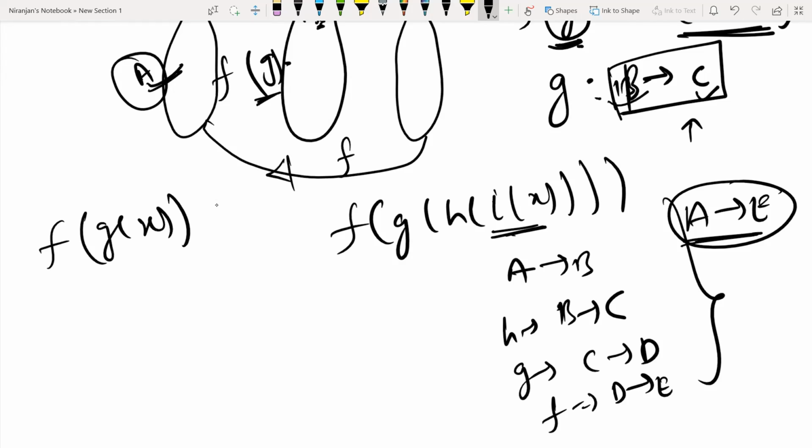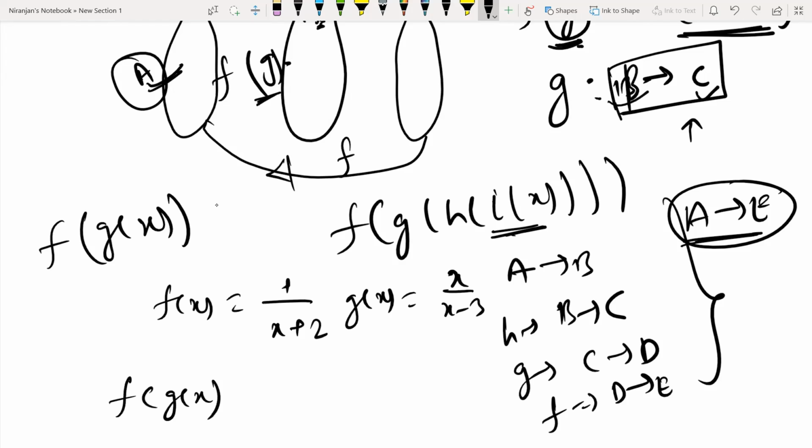So let me give you an example. Let's say you have a function f of x equal to 1 upon x plus 2, and g of x equal to x upon x minus 3. Then someone can ask you to define f of g of x.